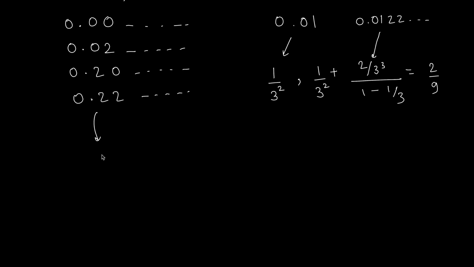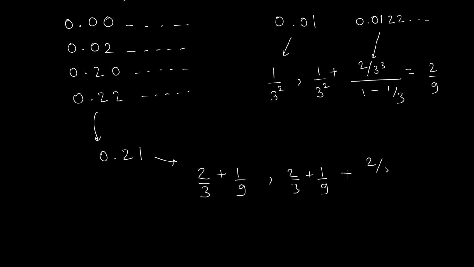This means we have deleted such type of sequences. This interval would correspond to 2 by 3 plus 1 by 9 to 2 by 3 plus 1 by 9 plus the rest of the GP.